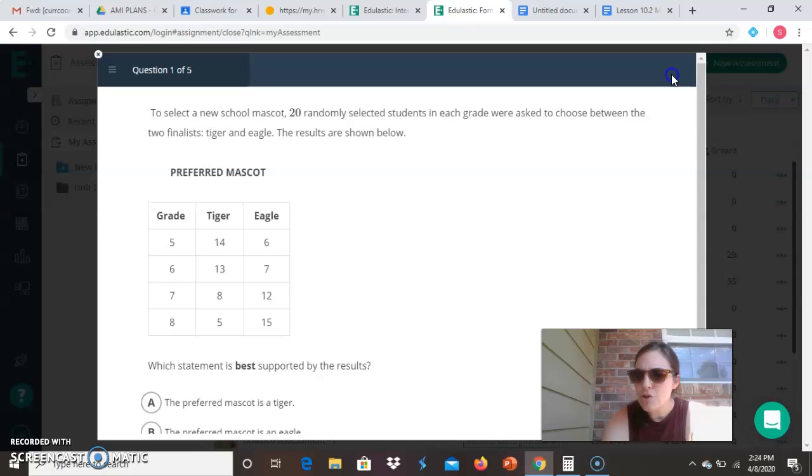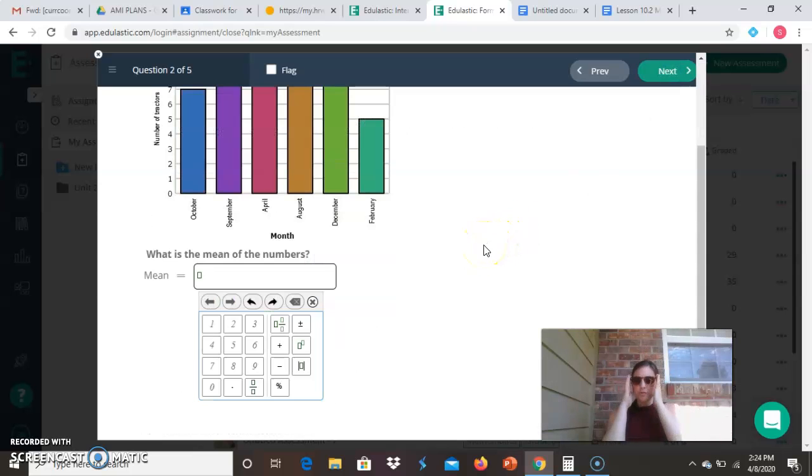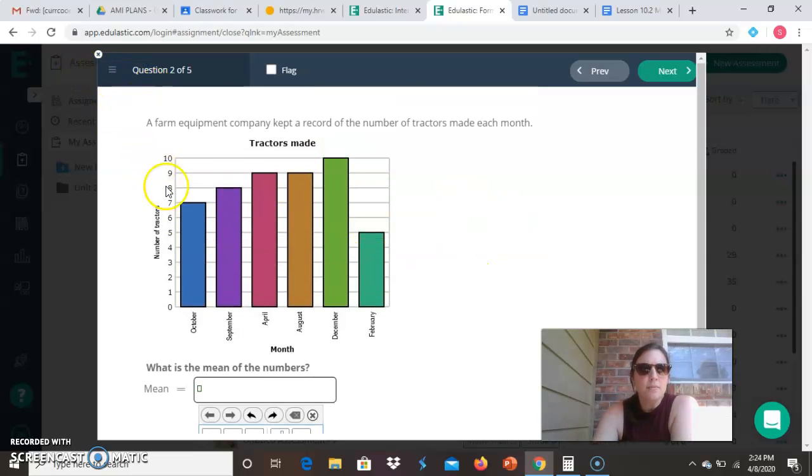In problem number 2, we're going to see how we can use one of our vocabulary terms. Okay, this should be a review word for most of you. Let me read the problem first. It says a farm equipment company kept a record of the number of tractors made each month.